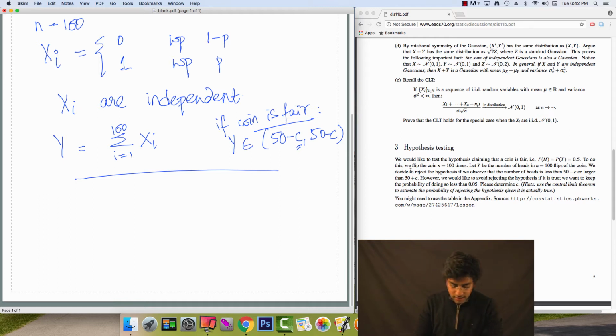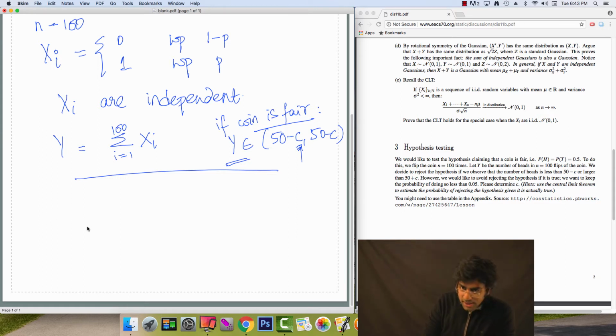And numerically in the question, we want that to be less than 0.05. So what we're going to do is compute a C, which corresponds to a 5% probability event of the fair coin giving us more than this range of heads. So what we're going to say is we'll find a bound such that 95% of the times my fair coin would be in that range.